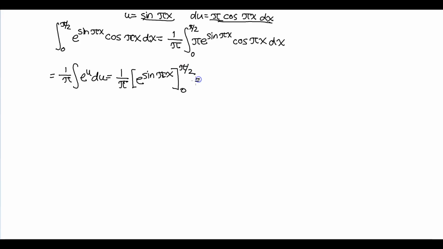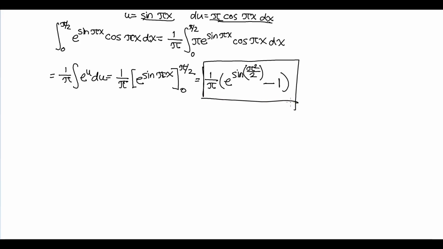Well, in order to evaluate this, 1 over pi times e to the sine of pi times pi over 2, so pi squared over 2, minus, well, sine of 0 is 0, so e to the sine of 0 is e to 0, which is 1. This is our answer. So these integrals are not that challenging.